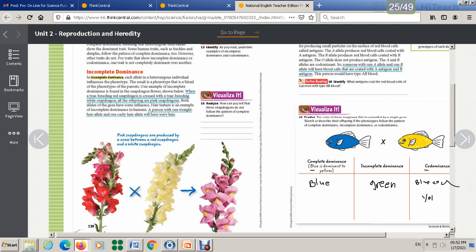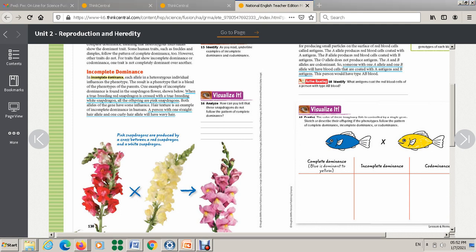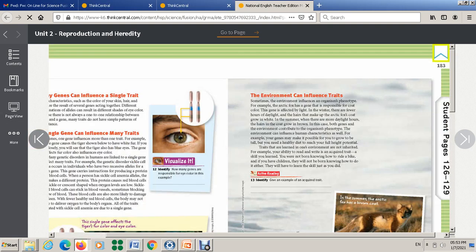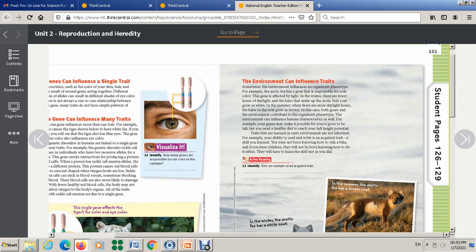We'll solve another questions together. I'm going to move to page 128, which is 129 actually. Let's go back to 129. On this page, you have here a question.